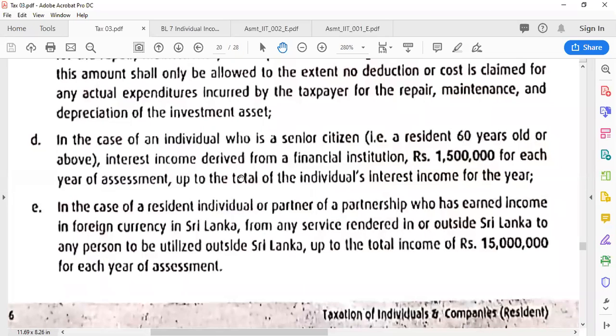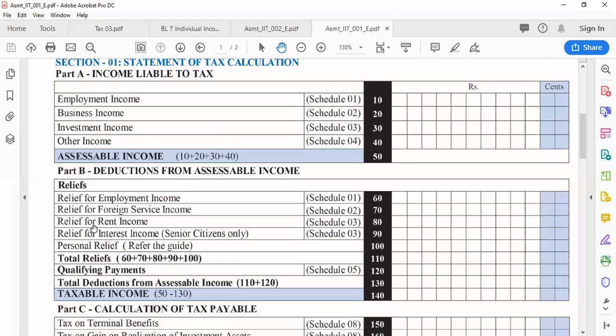Interest income derived from a financial institution, 1.5 million for each year of assessment up to the total of the individual's interest income for the year. So relief for interest income for senior citizens, maximum how much? 1.5 million.